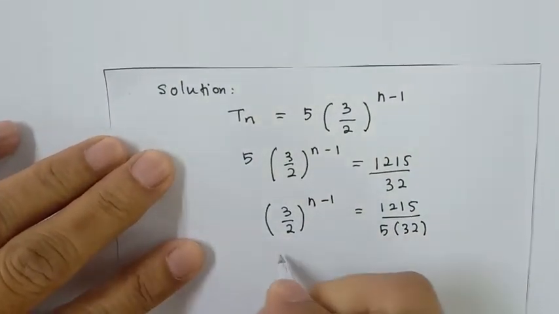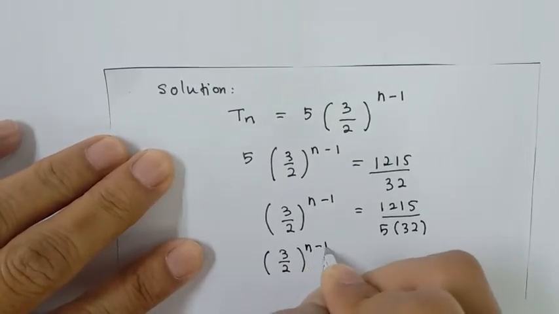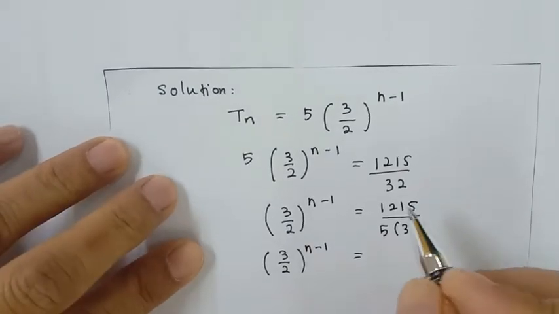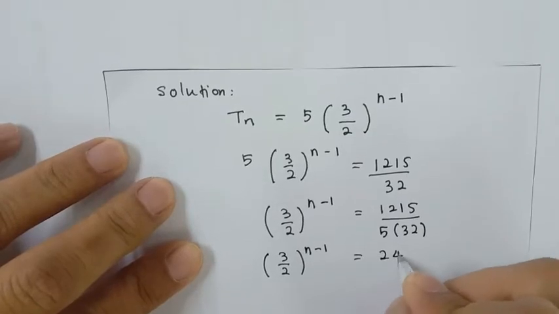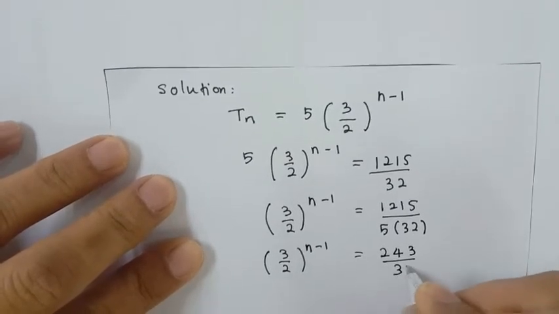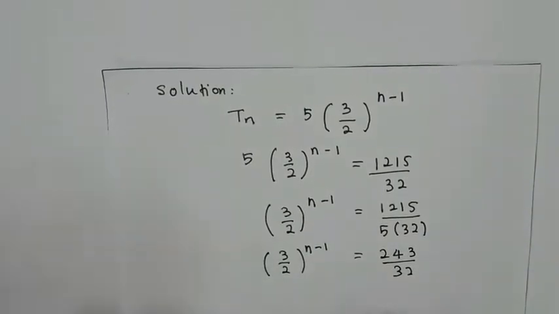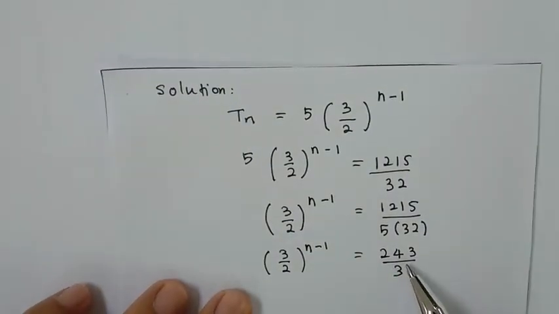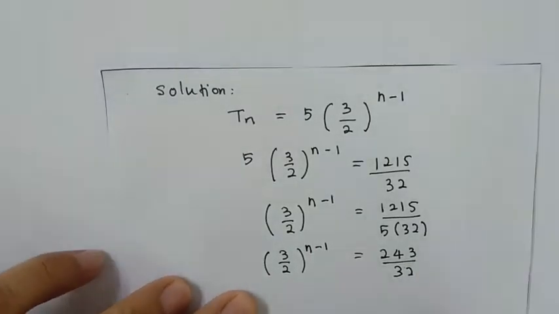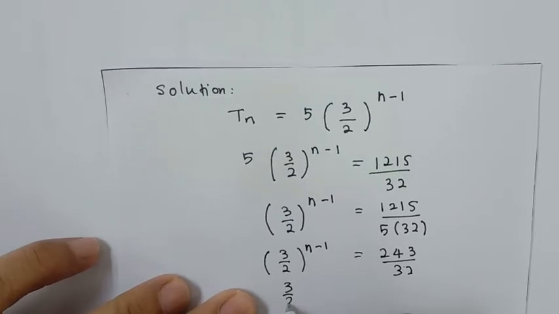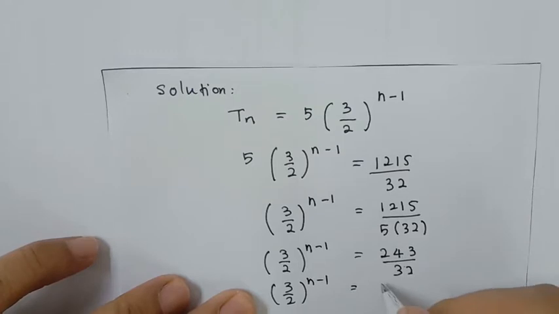We get 3 over 2 to the power of n minus 1 equal to 1215 over 5 is 243 over 32. First, we change the base to 3 over 2.